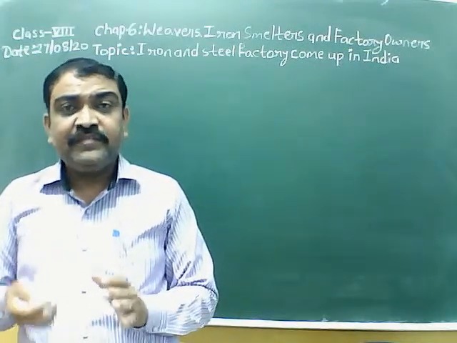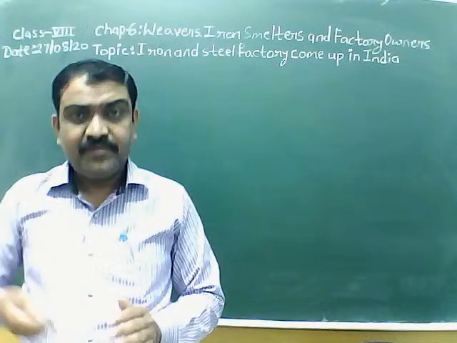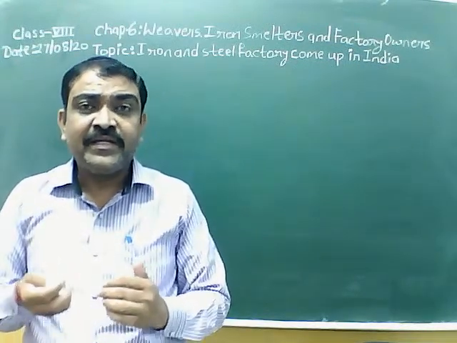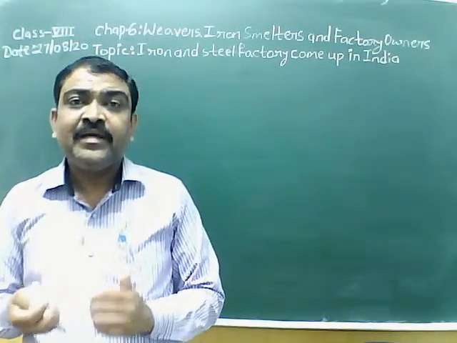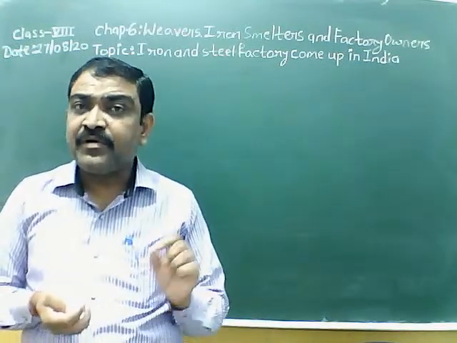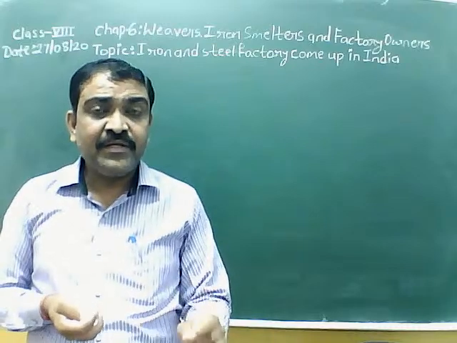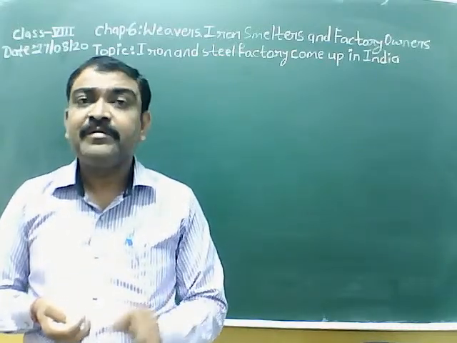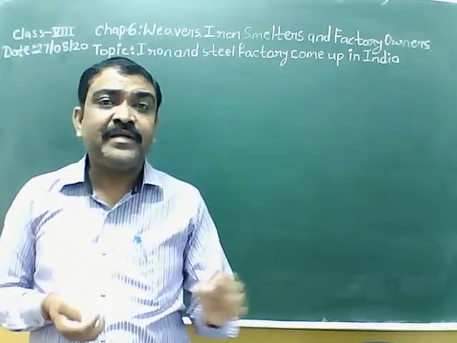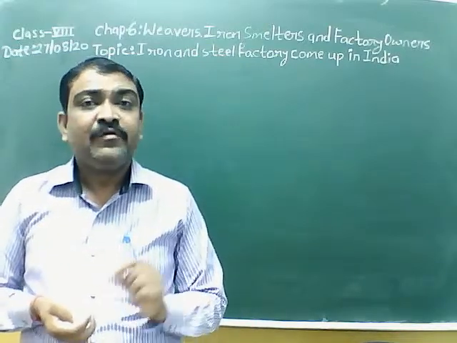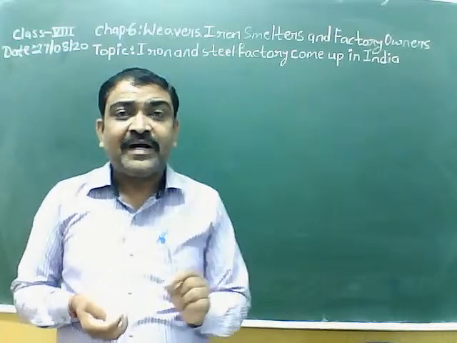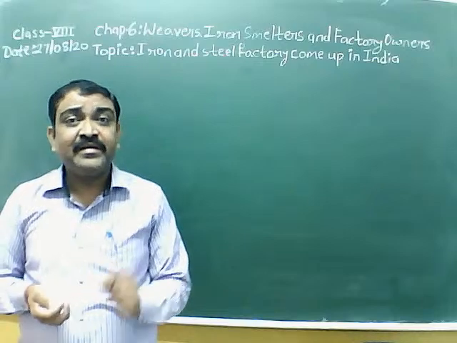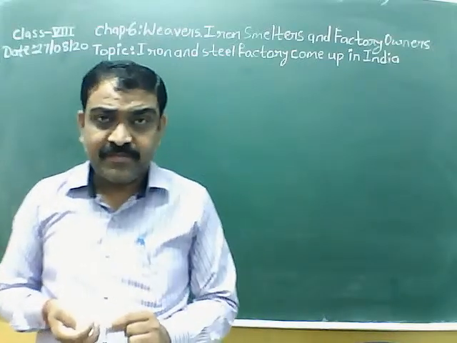In this entire process of production of iron and steel, again there was a division of work between the male and the female. The work of iron smelting was mainly done by the male members in the family.